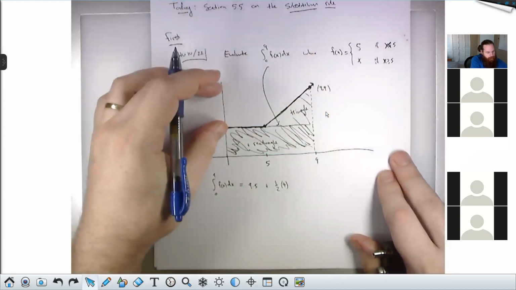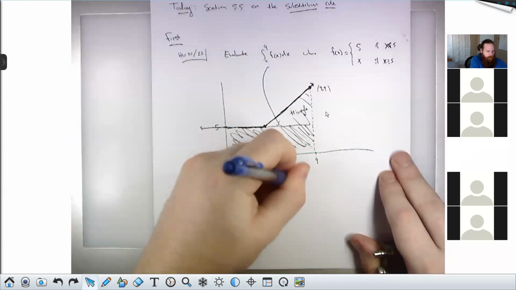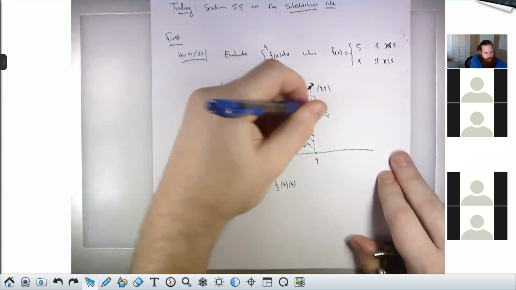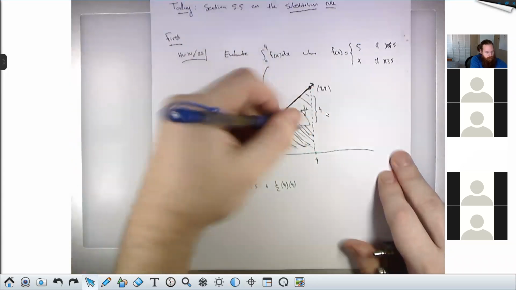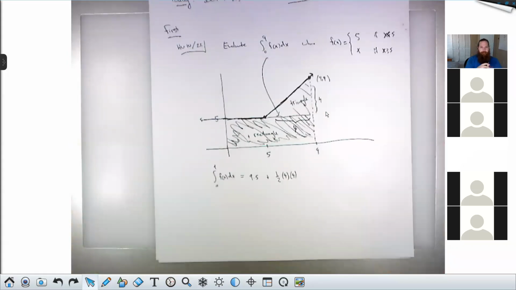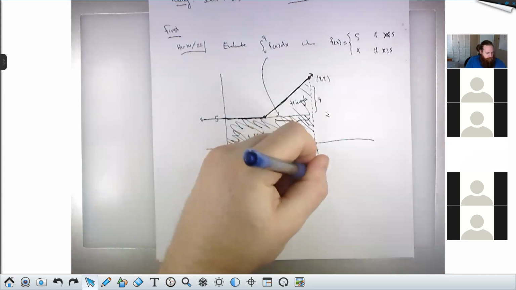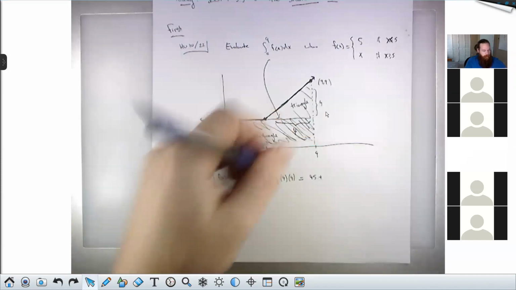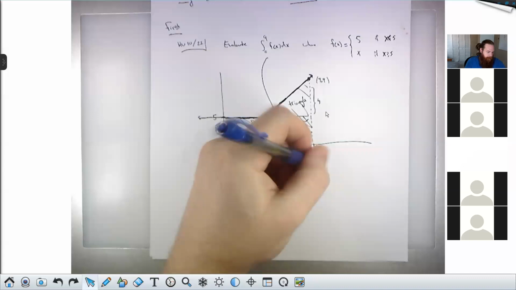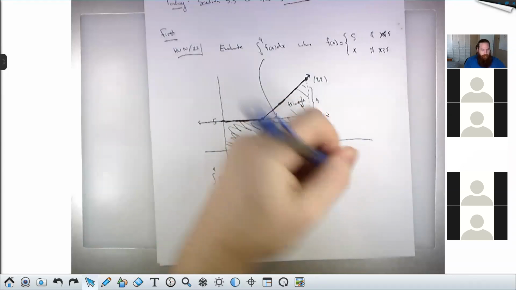So that's 5 up to 9, so that's also 4. So that's how it shakes out. 9 times 5, 45. And this is 8. So it should be 53 altogether.